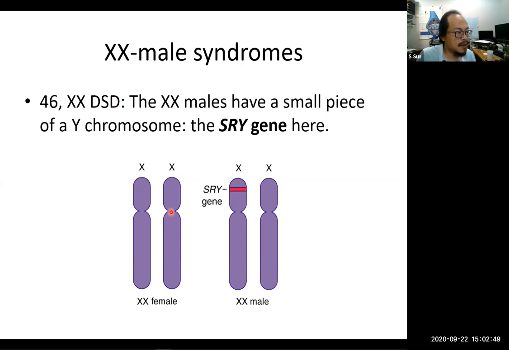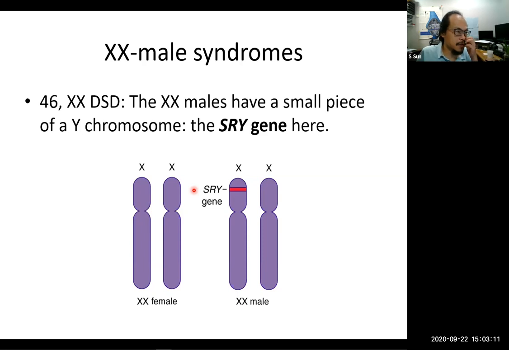It has a lot of X, so it has a lot of potential to develop into female. However, so this is a typical XX female. However, earlier when we talk about meiosis, right? We know that the chromosome can have a crossing over. Some part will switch to the other.